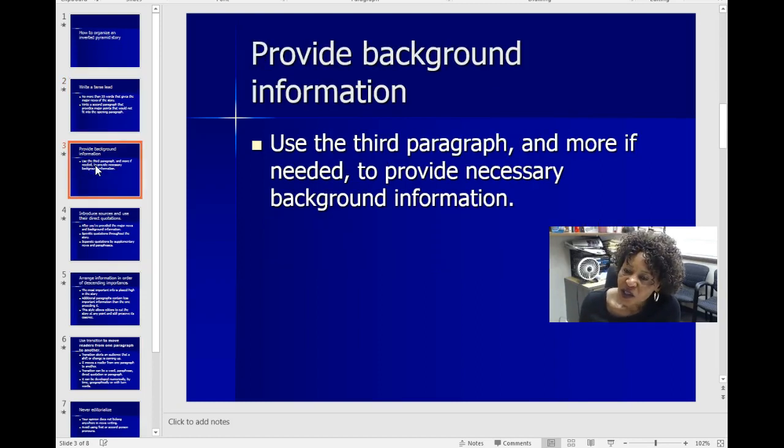Then we use the third paragraph to provide even more details if necessary. Let's say that in the course of our reporting and research, you found out that the student has a habit of trying to run across traffic even when there's a lot of cars moving up and down. That's the kind of information that we may want to bring up.